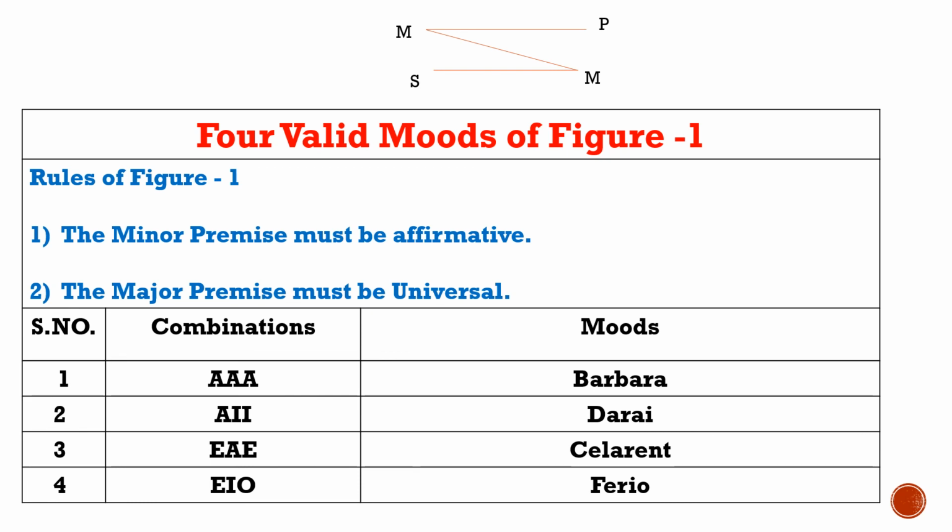The valid moods: A combination, Barbara. I combination, Darii. Third, EAE combination, Celarent, and EIO combination, Ferio. These are the 4 valid moods of figure 1.